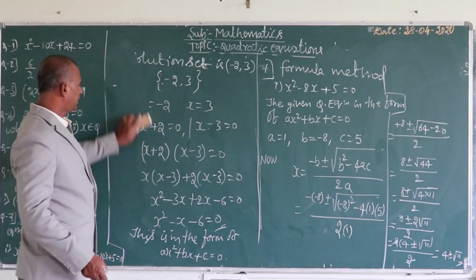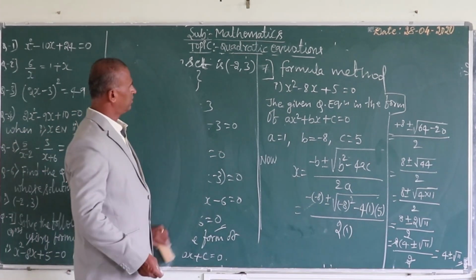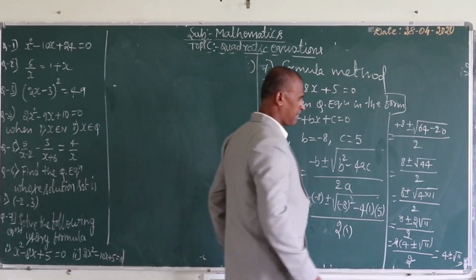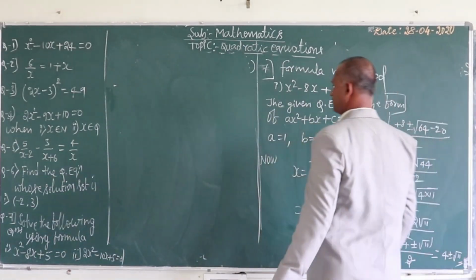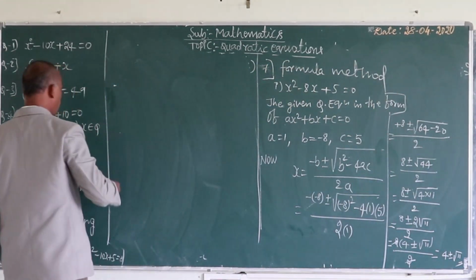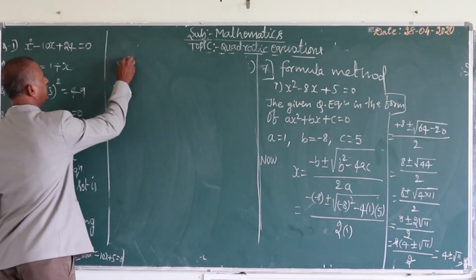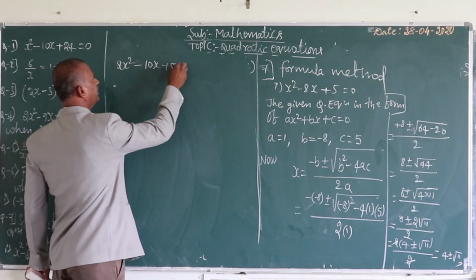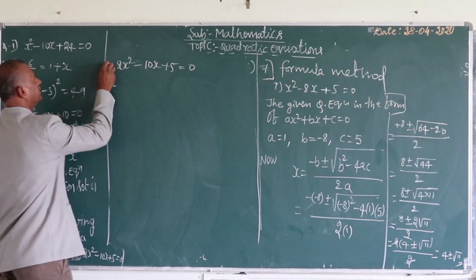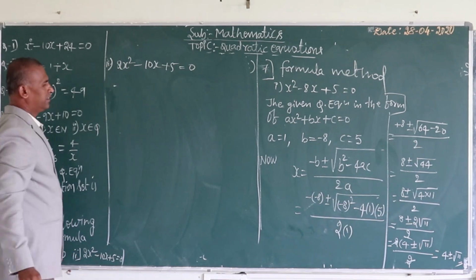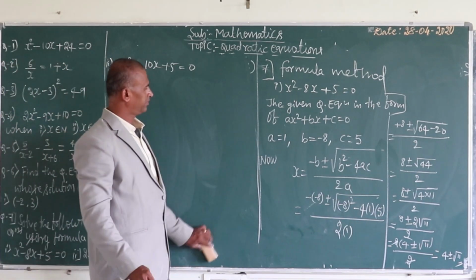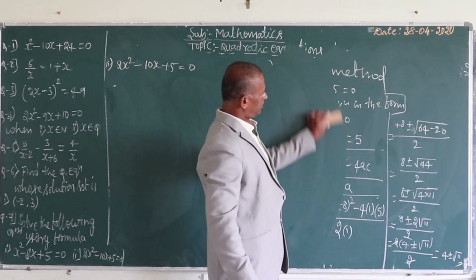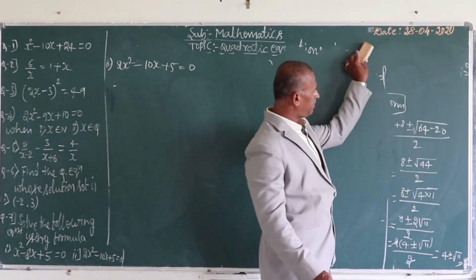Now the second sum is: they gave 2x square minus 10x plus 5 is equal to 0. This is the second one for us. The same formula we will apply here.